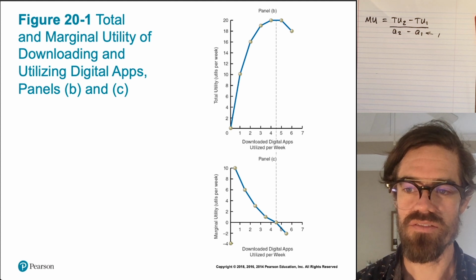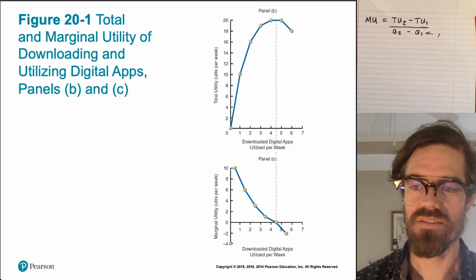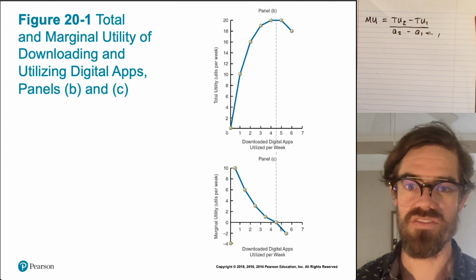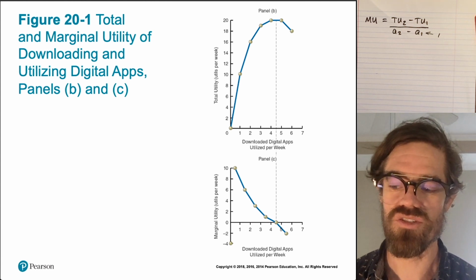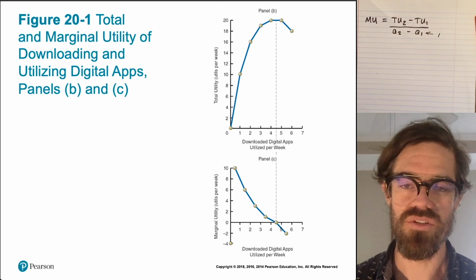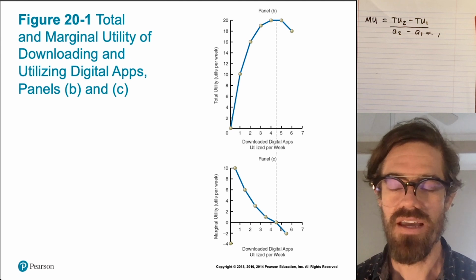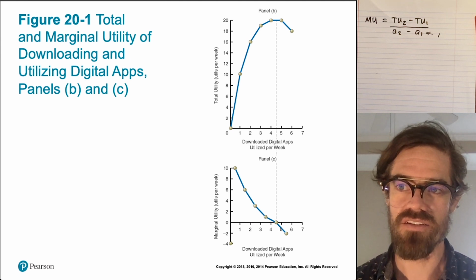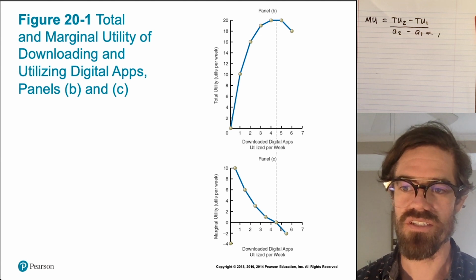So you see that in apps 1 through 4, and I guess app 5 provides 0 marginal utility. But for apps 1 through 4, since the additional satisfaction is positive, it means that consuming more apps in that region increases total utility or total satisfaction. And then after that, when marginal utility becomes 0 and turns negative, total utility starts to decline.